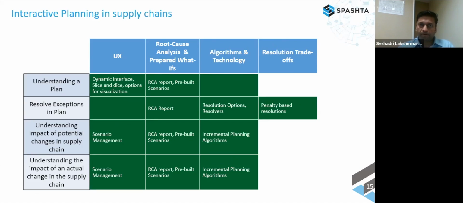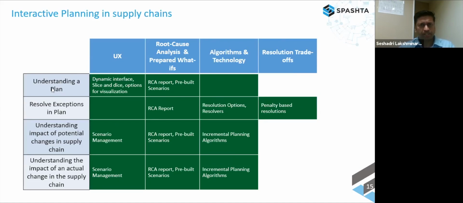And so supporting the fact that a planner needs various different forms of inputs, or the same form of input, but in a much richer form, is something that we have to enable. It's a tool feature that absolutely has to be there. And I'll talk about each of them.